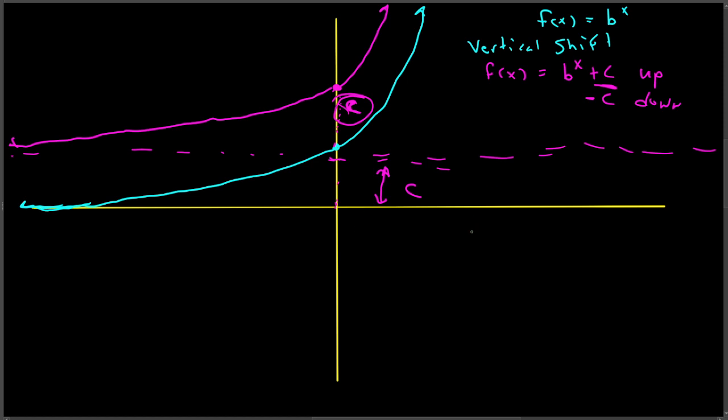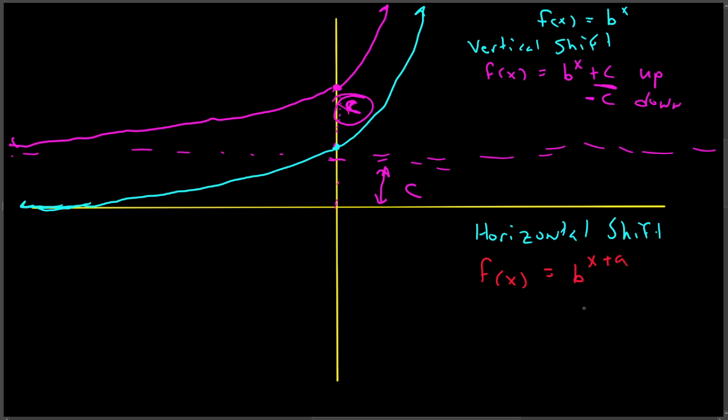We can have a horizontal shift, where I add something to x. So let's do a horizontal shift in red. So f of x equals b to the x, and I'll use plus a. I'm going to have to think a second for this. I know when whatever is in this function equals 0.